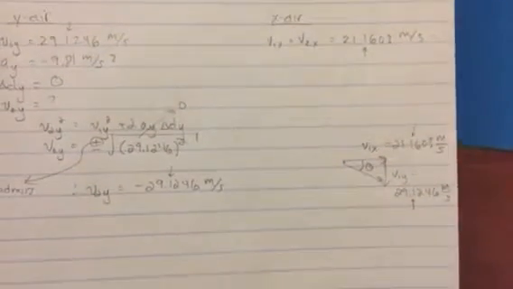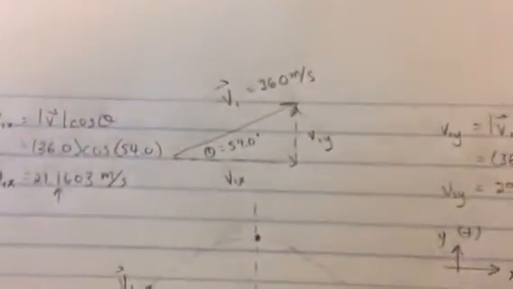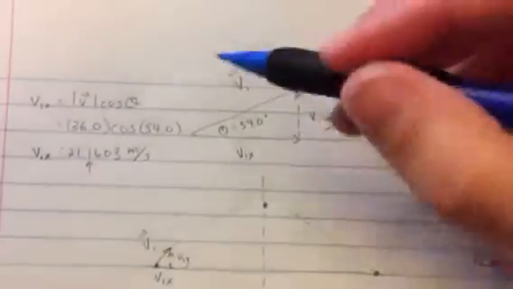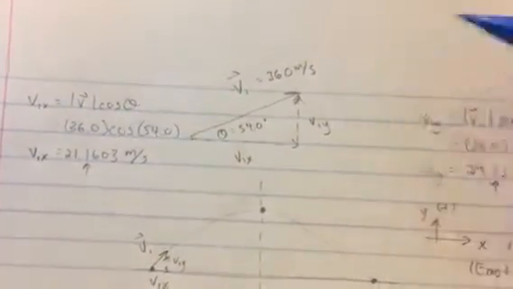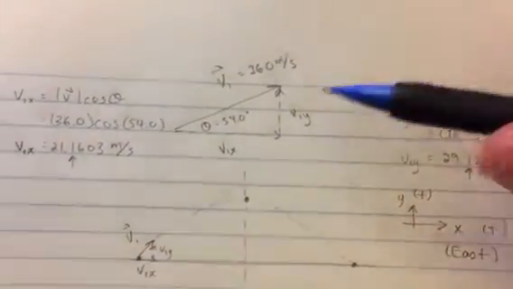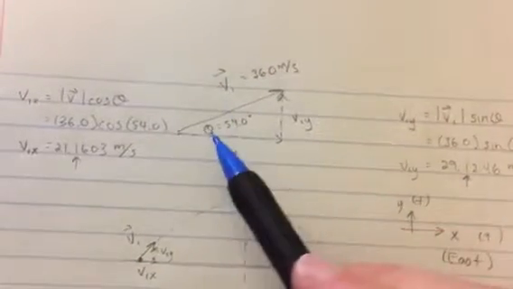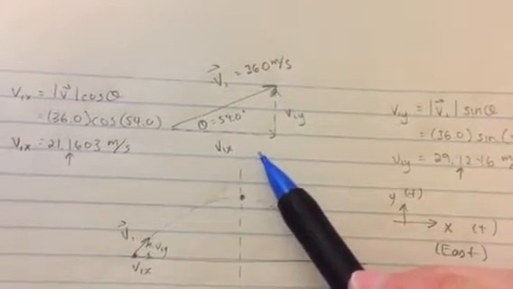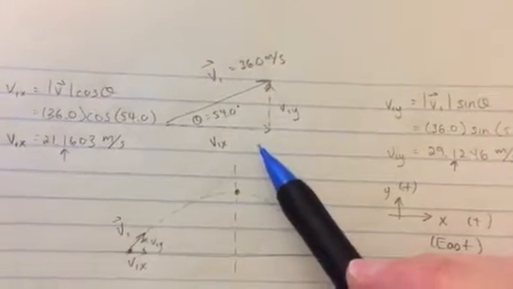If we compare that to our original initial velocity vector, it's exactly the same triangle. This is 29.1246 meters per second up. This is 21.1603 meters per second east. But now we've just switched the direction.